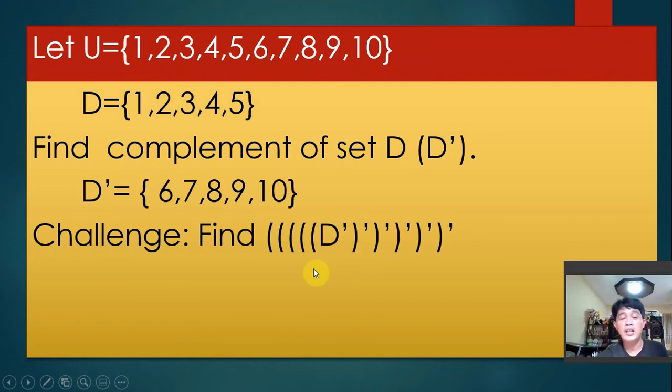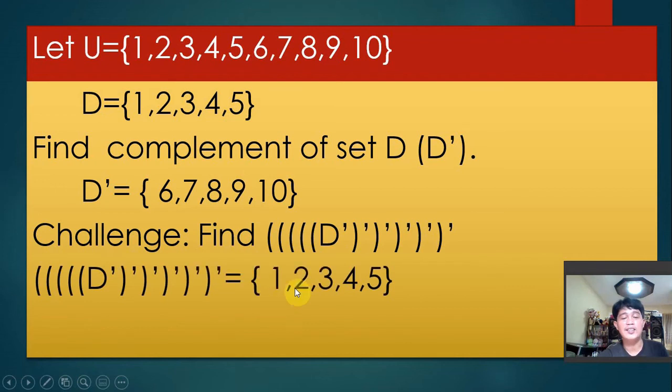Therefore, in this challenge, we are referring to the numbers which are inside set D. What are the numbers inside set D? These are the numbers 1, 2, 3, 4, 5. So the answer for this is this one.